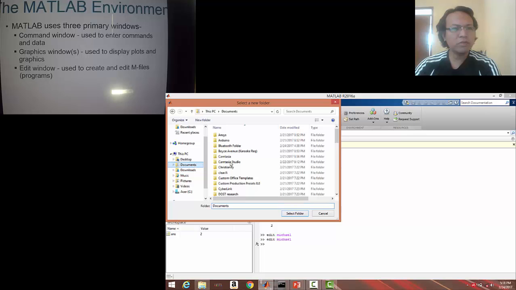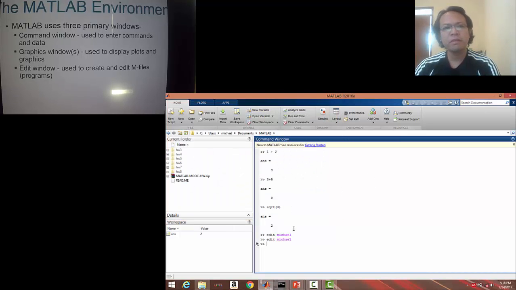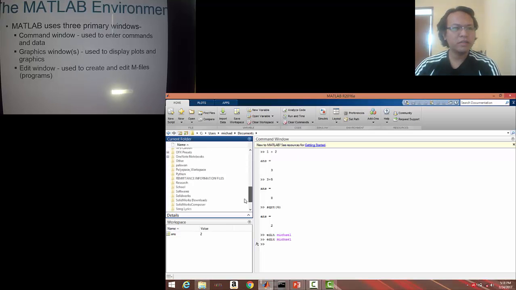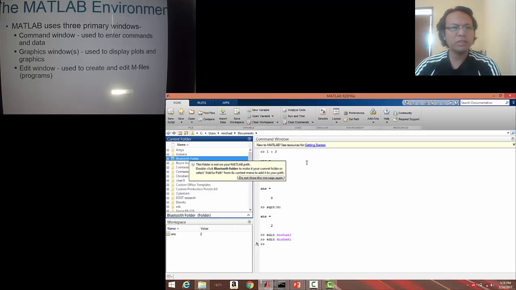So let's just go to somewhere here, MATLAB, for instance. Okay, something like this, it's up to you. You can go anywhere, whatever you like. Let's say I want to go to the Bluet folder, for instance, and then, okay, there.